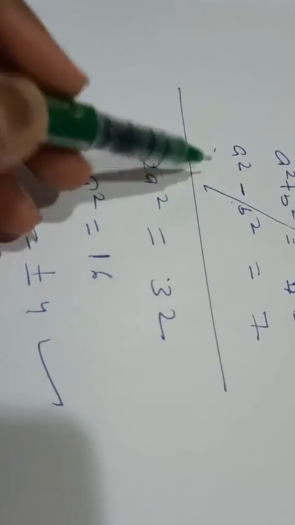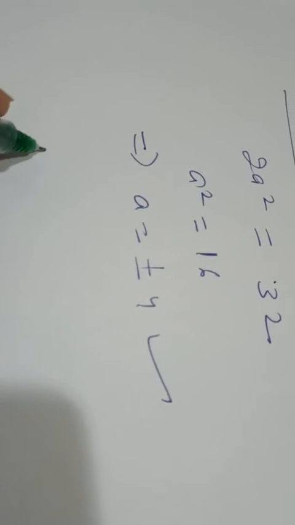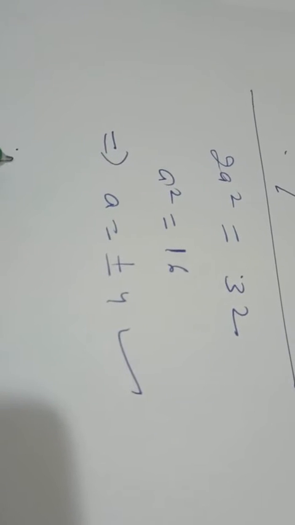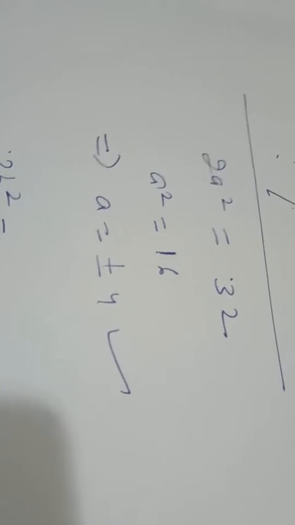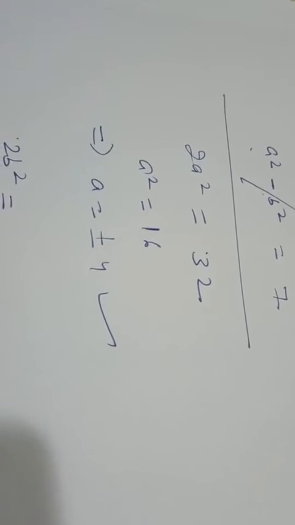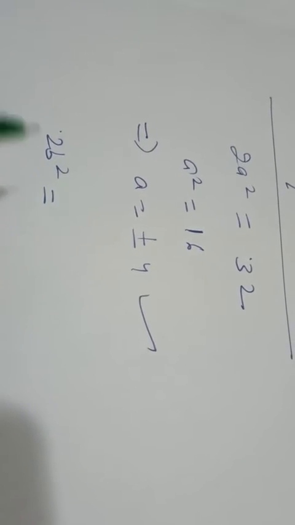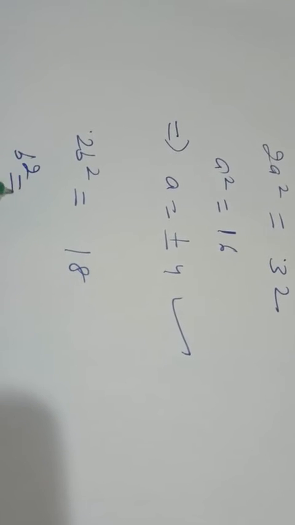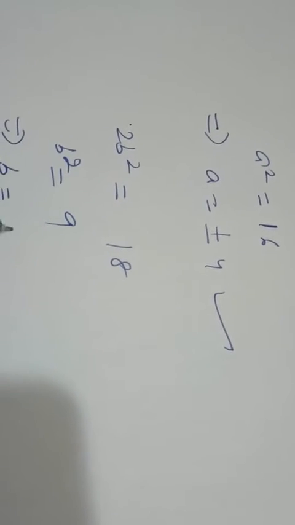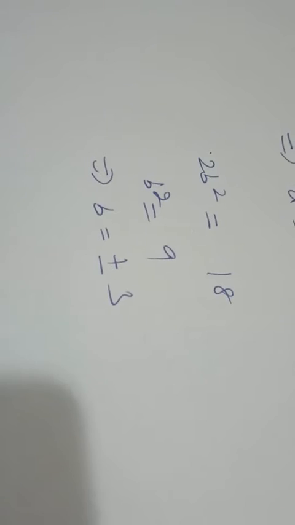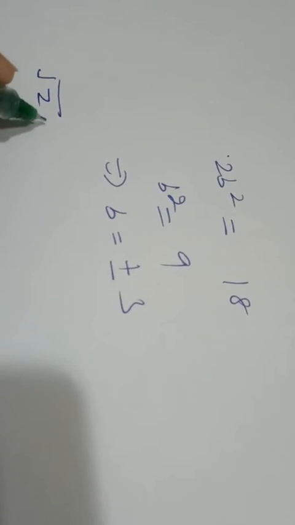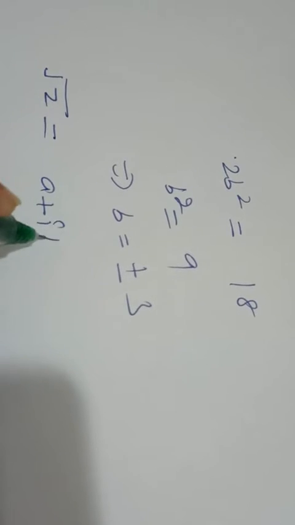Similarly, by subtracting you will get two values of b, so 2b square is equal to 18, so b square is equal to 9, so we get plus minus 3. So my square root of z was a plus iota b.